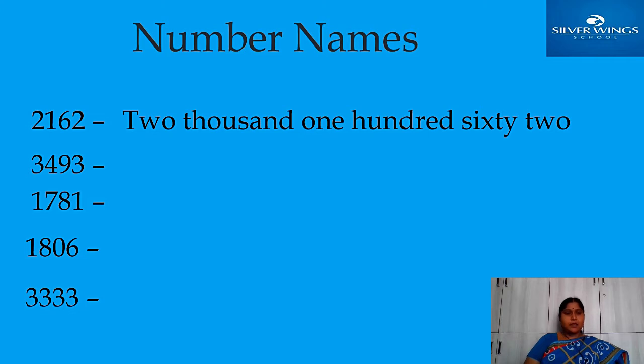Now come to the next number. Here I gave 3493. Here, if you observe, your right side last digit is 3, that is in ones place. Next, 9 is in tens place, 90. 4 is in hundreds place, 400. 3 is in thousands place. Then you should start with 3000.